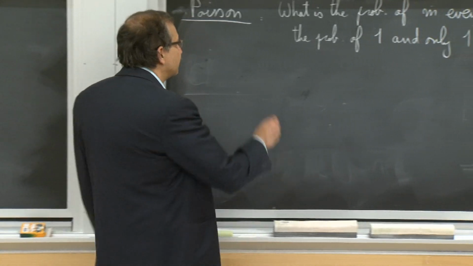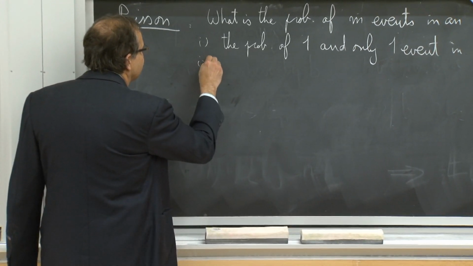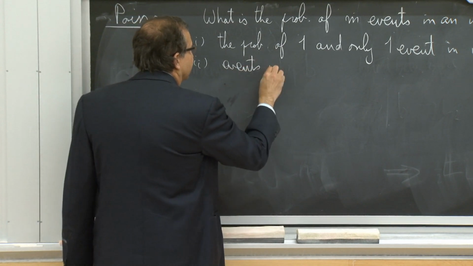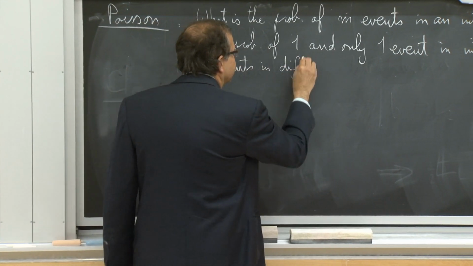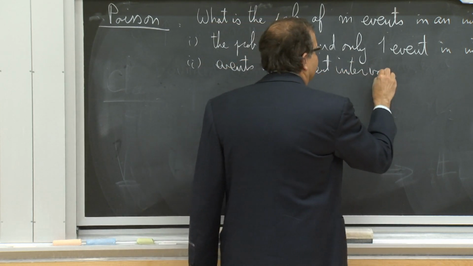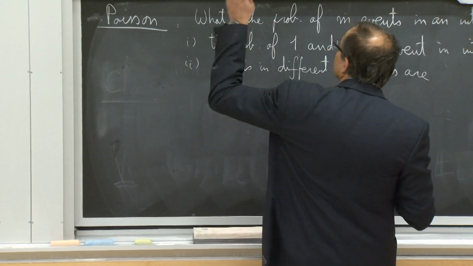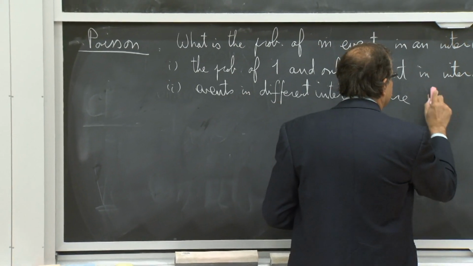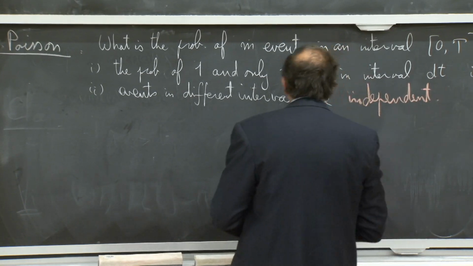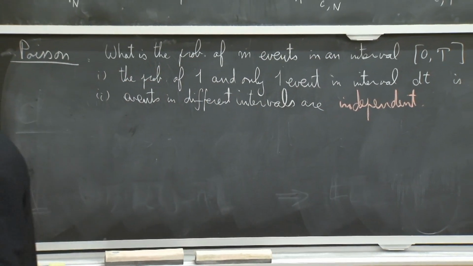So this is one condition, and the second condition is events in different intervals are independent. And since I wrote independent in red up there, let me write it in red here, because it harks back to the same condition.